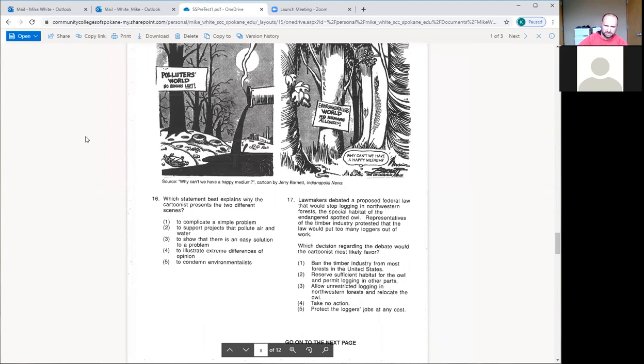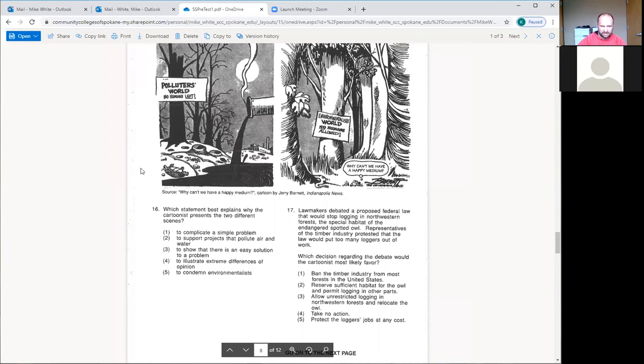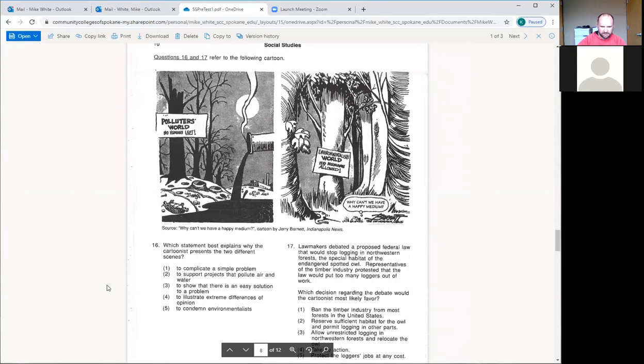Hopefully you can see this. And if not, I'll try to do my best to illustrate what we're looking at here. So again, another political cartoon. I'd love to give you these. So the picture on the left-hand side is a picture of a wasteland.